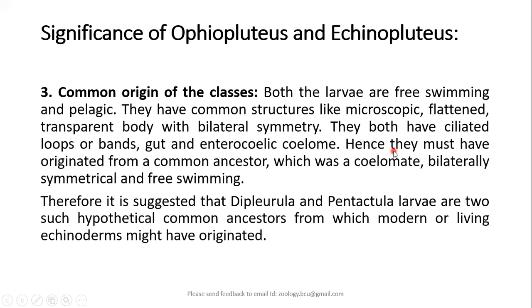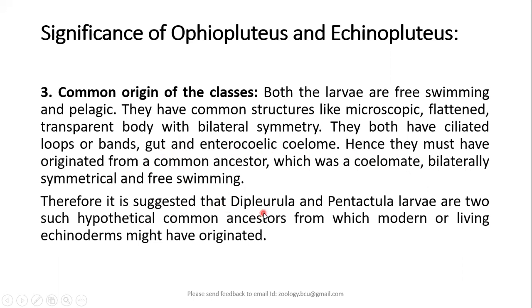Hence, all the echinoderm larvae must have originated from a common ancestor, which was supposed to be coelomate, bilaterally symmetrical, and free swimming.